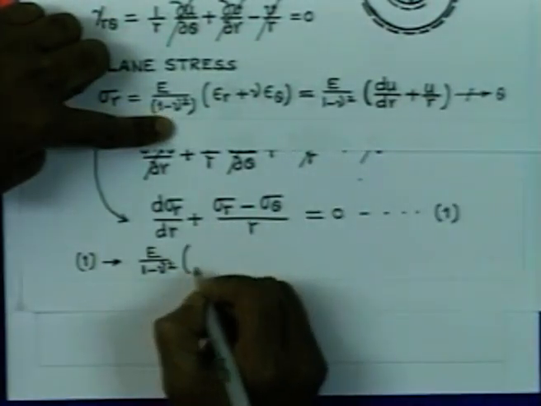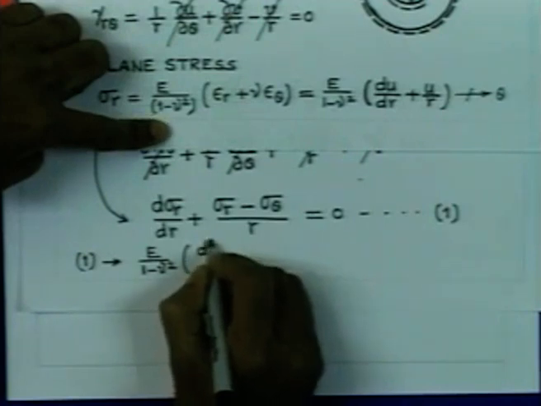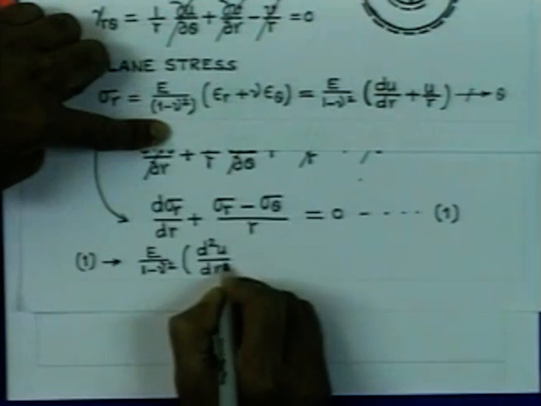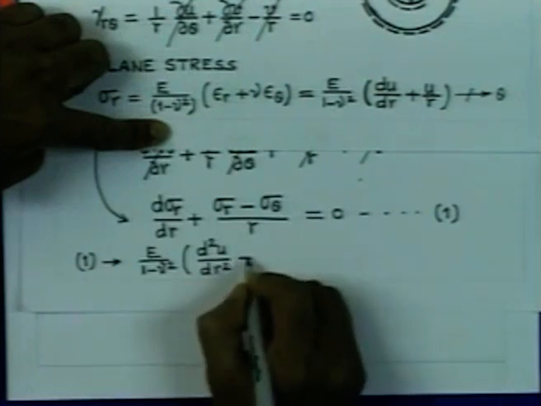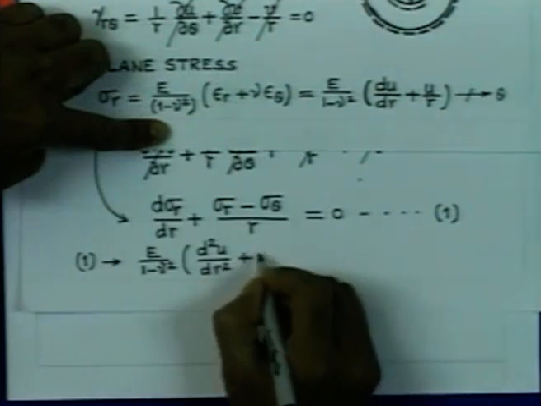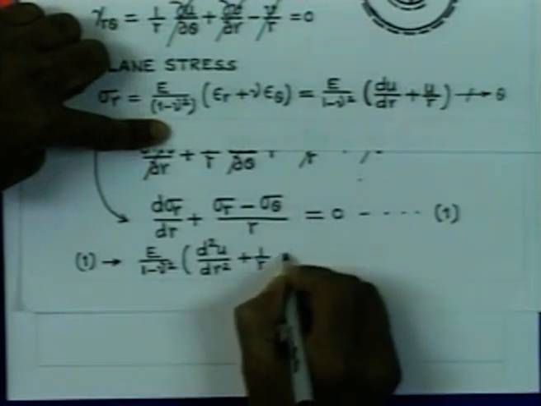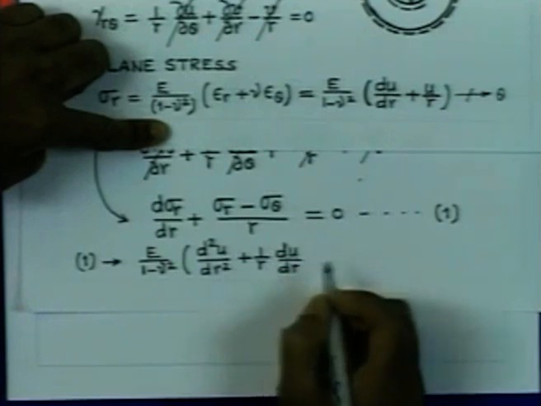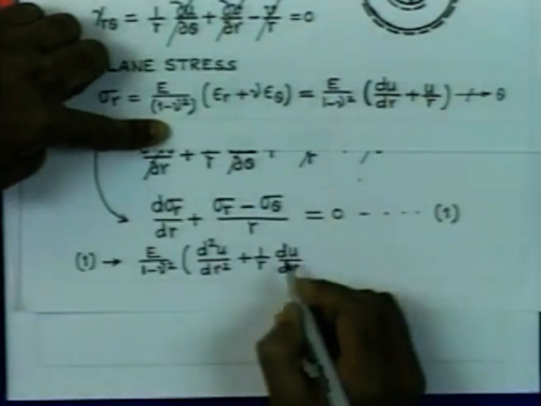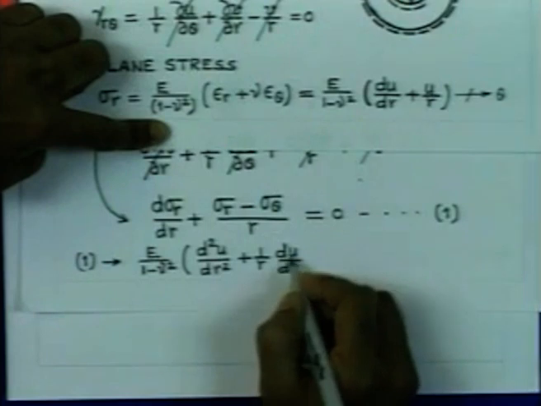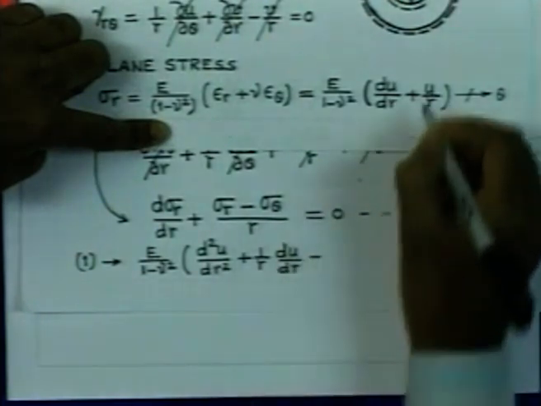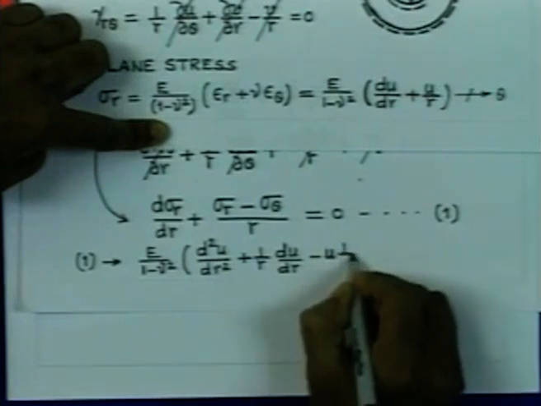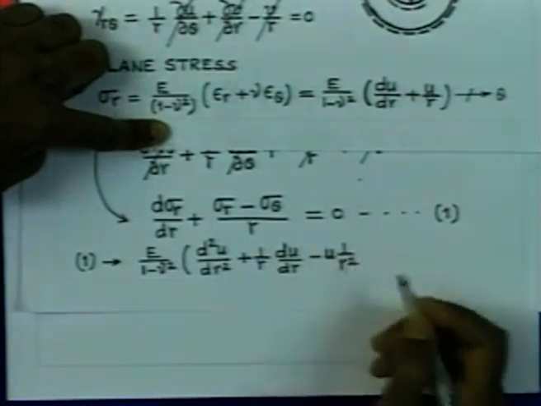If I take the differentiation, it will be d2u dr square, and then we will have 1 by r du dr. Considering this to be constant, we have du dr, then we will have another term, u is constant, and if you differentiate 1 by r, it gives you minus 1 by r square.